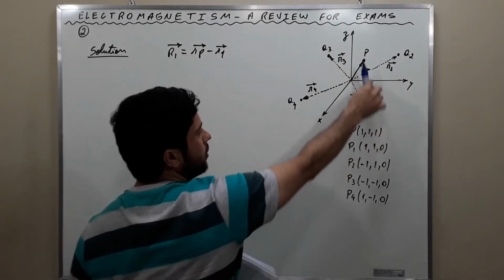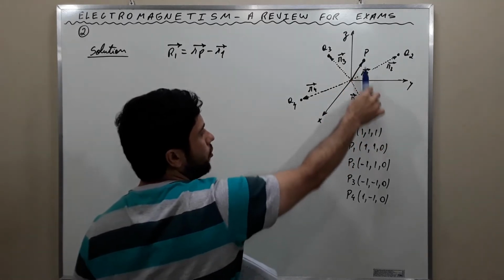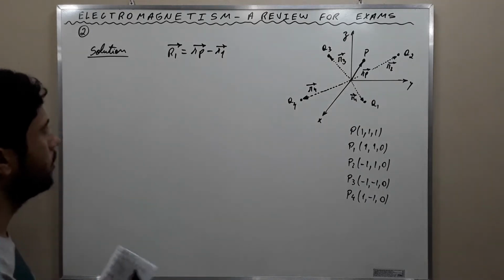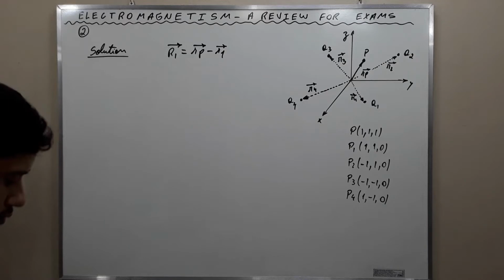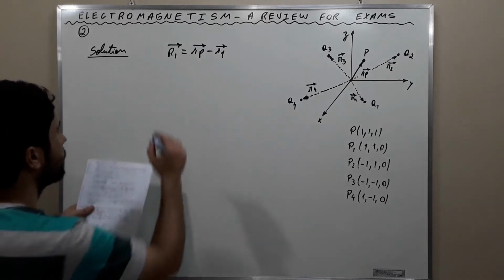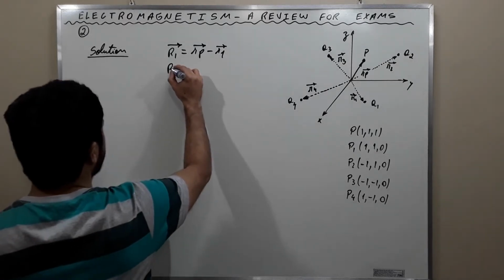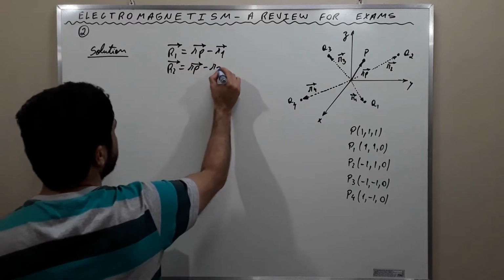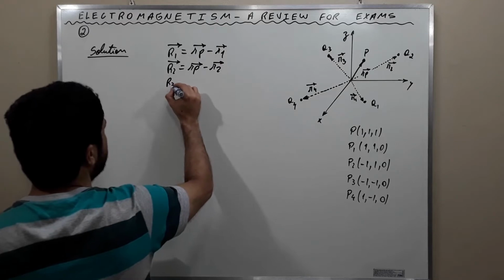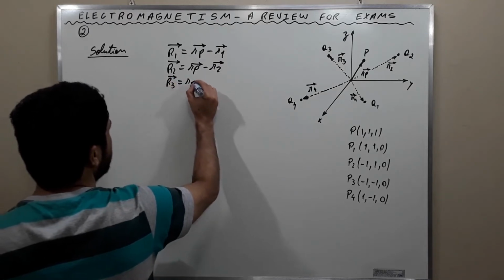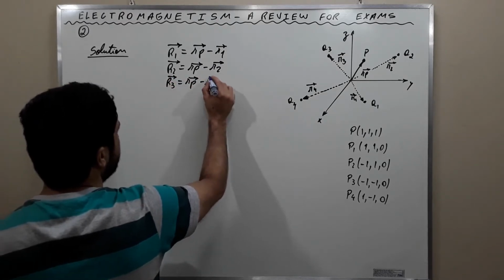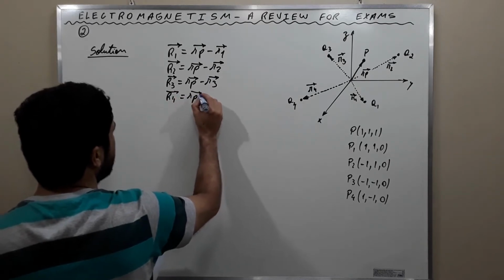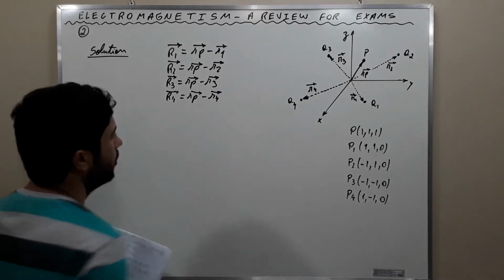And R1 is the vector that goes from Q1 to the point P. Similarly, we're going to do for the other charges. R2 is RP minus R2. R3 is RP minus R3. And R4 is RP minus R4. Okay?